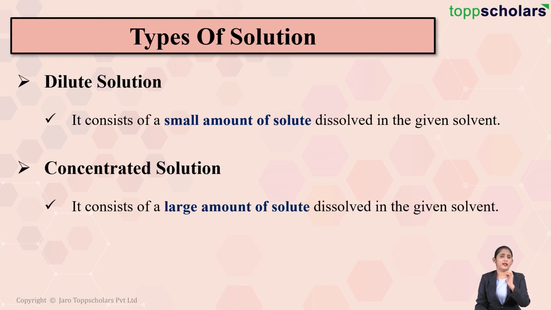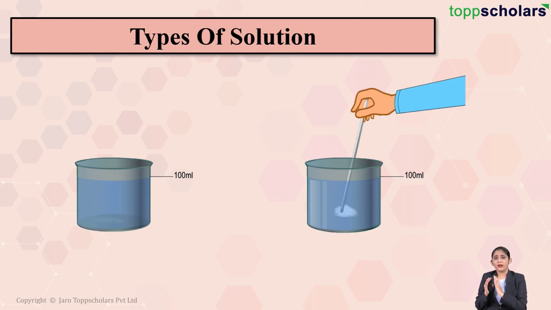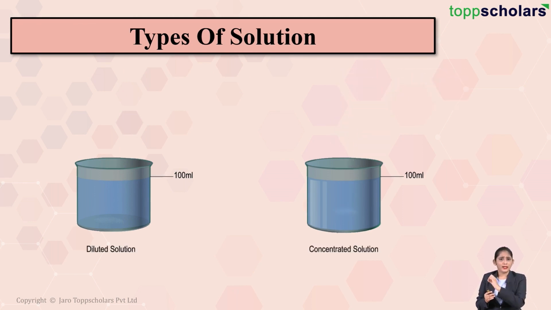Let me make you understand this better by taking a very simple example. So here, as you can see, I have two beakers which are filled with the same amount of water, that is 100 ml of water. What I am doing here is, I am going to add a small amount of my solute, say salt, in the first beaker, okay?